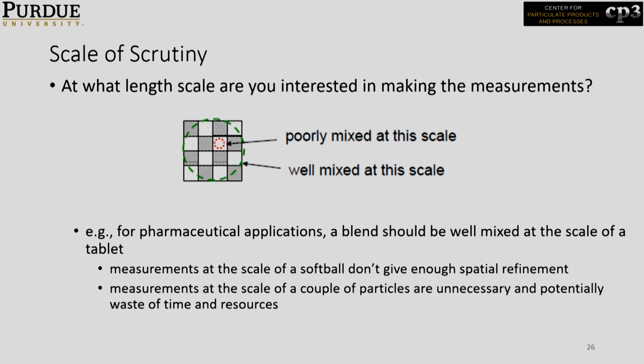For example, if you take these black dots and white squares, if you take a larger scale, then it almost gives a uniform mixed indication, right? But when you take a smaller scale, there is no mixing at all, right? So the scale will depend on the process and the product that you are manufacturing, okay?